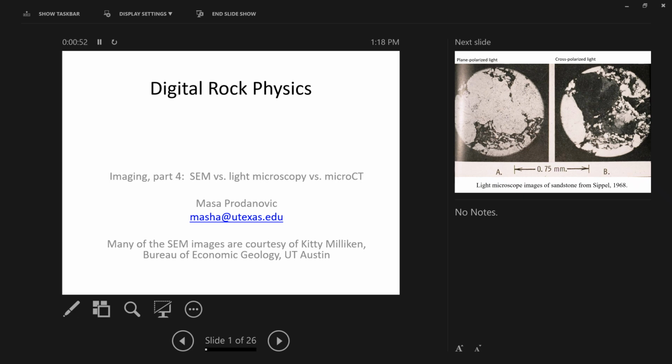I don't think she's teaching that course anymore, but if you do manage to catch her course in geology, siliciclastic petrology, it's excellent in terms of learning what goes into capturing these SEM images. That is classically done by petroleum geologists. So they will typically take those images and interpret them for petroleum engineers.